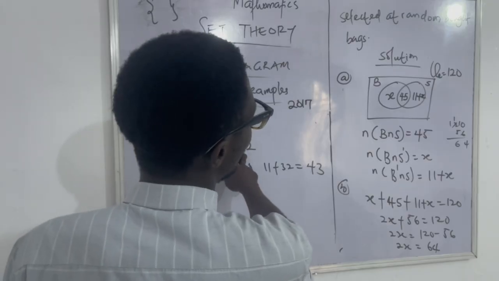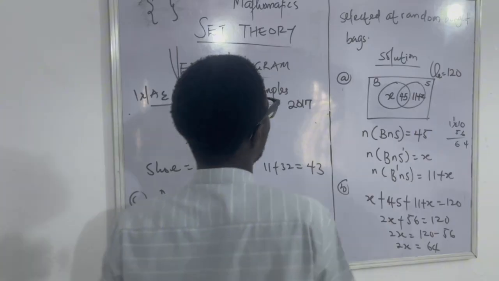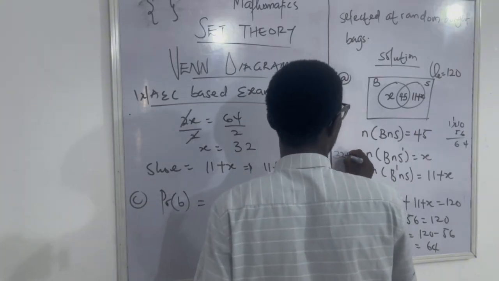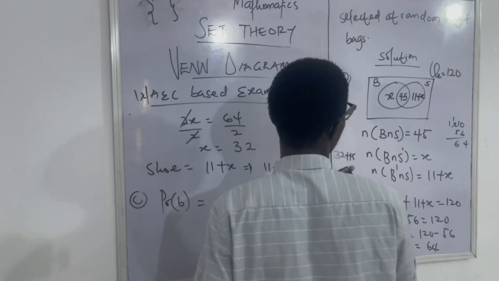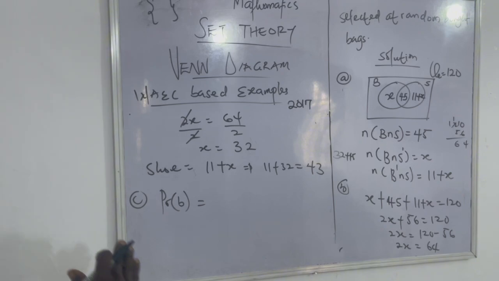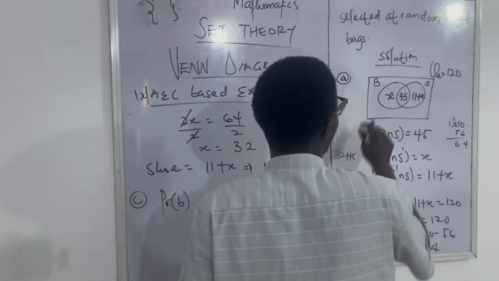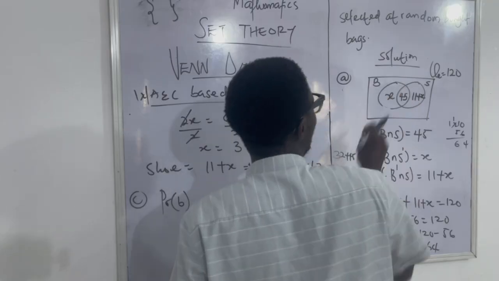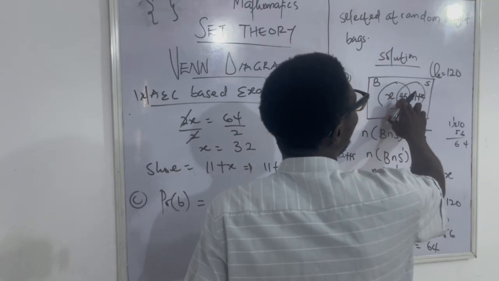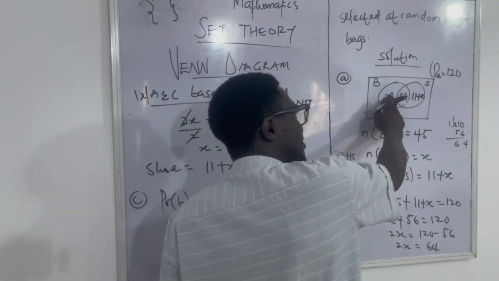But what we are actually talking about here, so 32 plus 45. He didn't say find the number of people that bought only bags. We know that 45 bought bags and shoes, and it is still part of this.